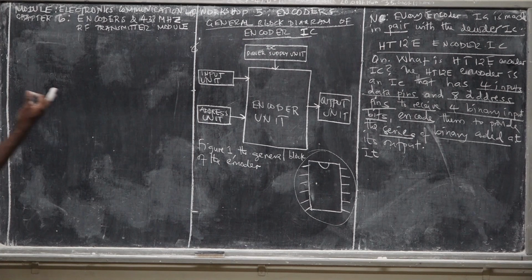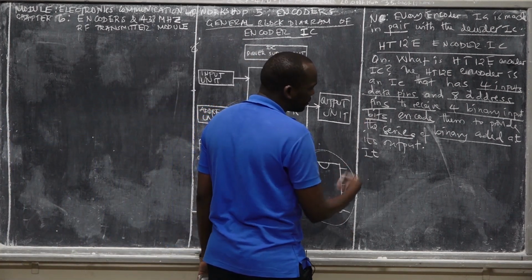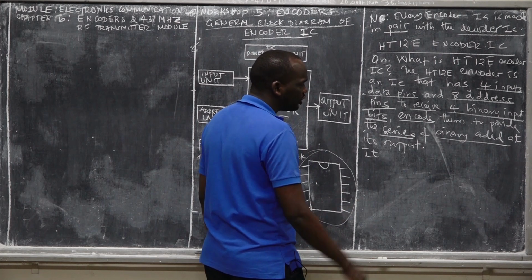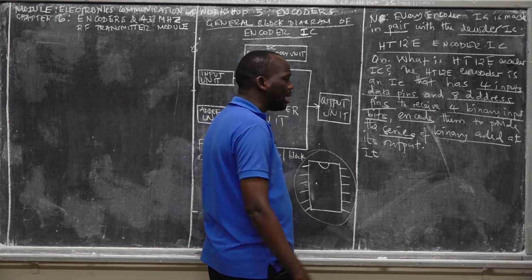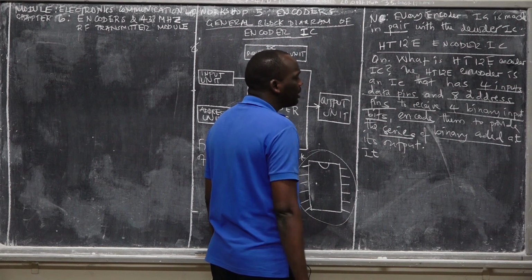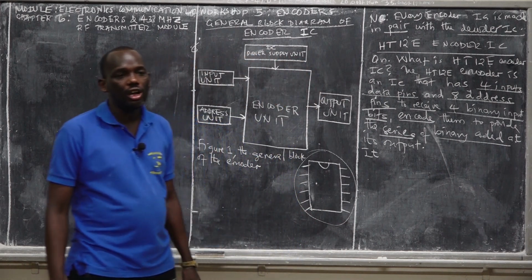So simply, this is one of the types of encoder. It has 12 input pins, input data and address pins. It can receive a maximum of 4 binary input bits in parallel and encode them to provide a series of binary coded output at its single output.